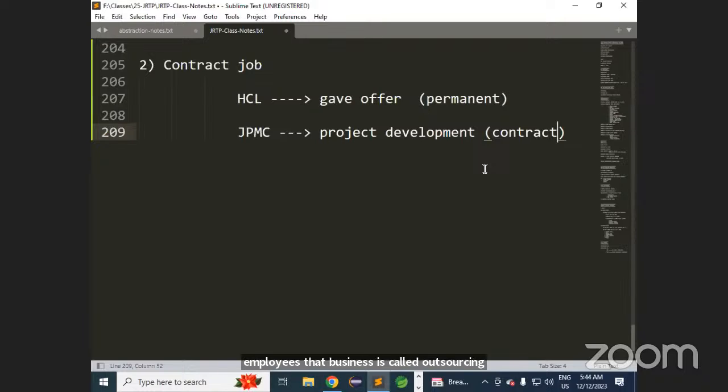If you go for a company, which job is better? For us, the contract job is better because verification will not be strict. If you go for a permanent job, they will do a lot of background verification on whether this person is genuine or not.